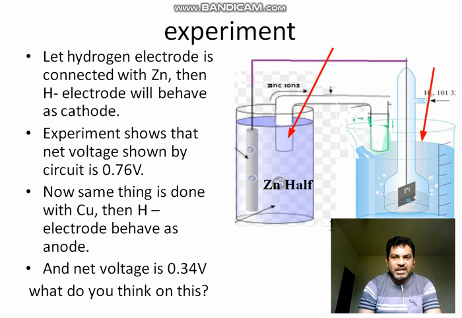So one is the hydrogen half cell and another one is the zinc half cell. Now what you can see, the potential of this hydrogen half cell is 0 volt.